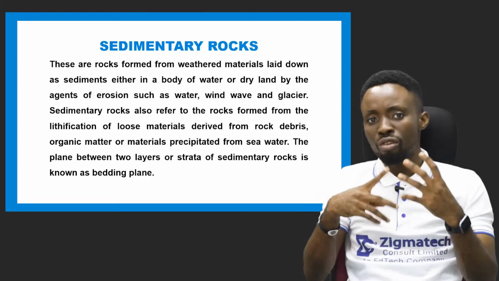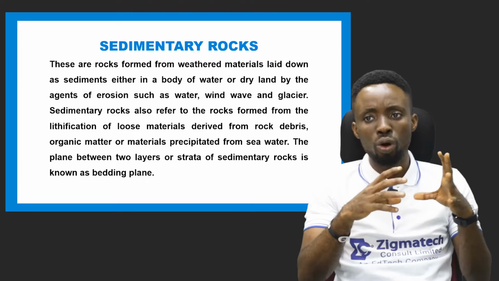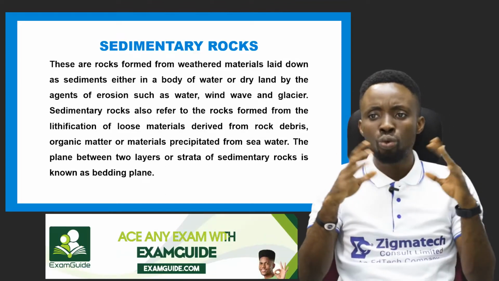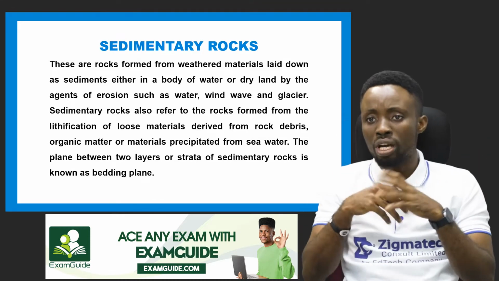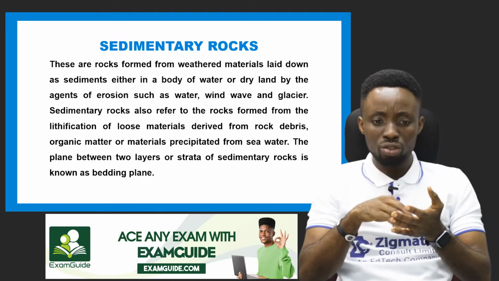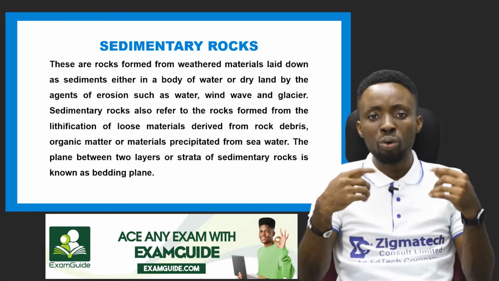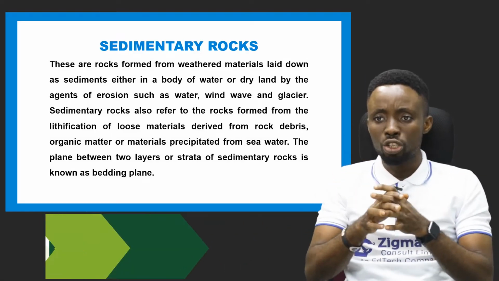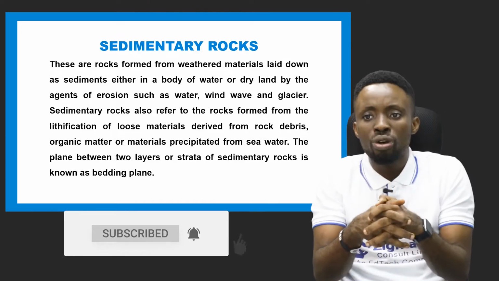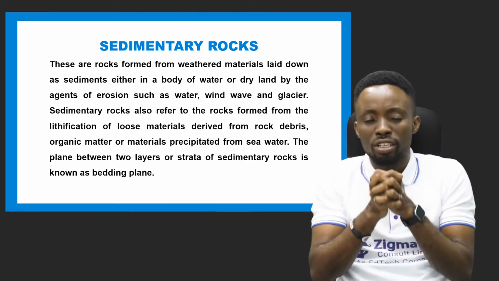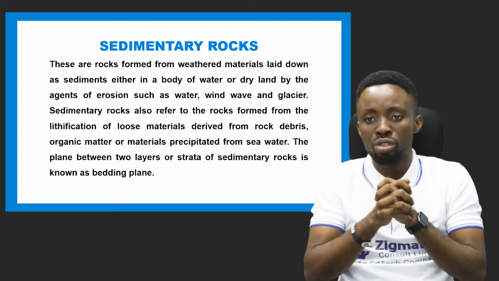What happens during weathering or denudation is that water or any agent of denudation carries this weathered rock from one location to another. After that, during deposition, we have what they call lithification. So lithification of these loose materials will give us a sedimentary type of rock.